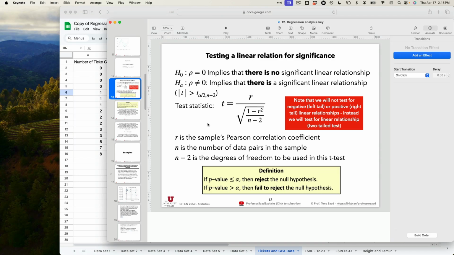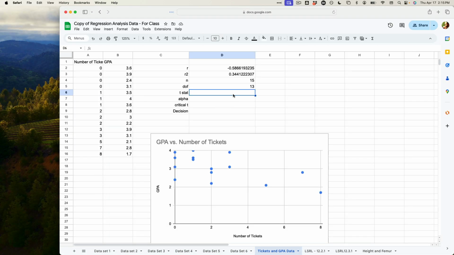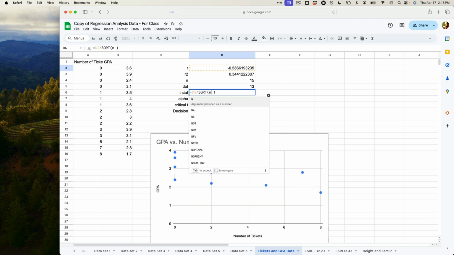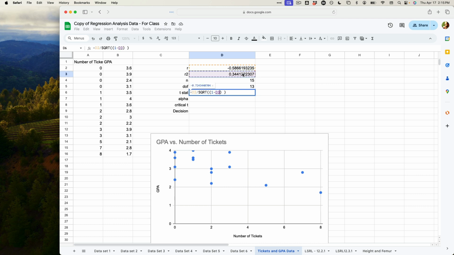It's r over the square root of 1 minus r squared over n minus 2. So this is equal to r over the square root of (1 minus r squared), which I already calculated here, over the degrees of freedom, n minus 2, which I already calculated there.